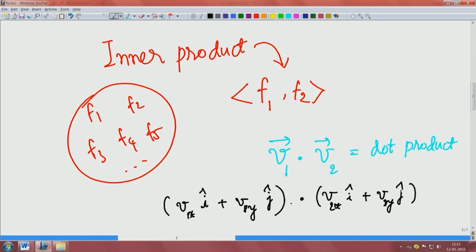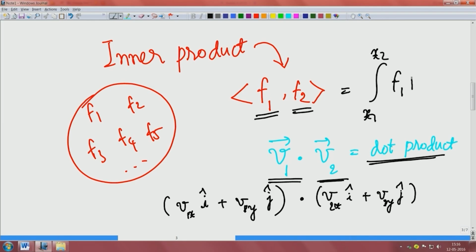So, we will basically get V1x V2x plus V1y V2y, that is the dot product, that is the inner product. It is just that here it is defined not for simple vectors such as our mechanics vectors, but for vectors which are functions. For functions also you can define an inner product. There will again be 4 properties for that. It can be as simple as the integral from x1 to x2 of f1 times f2 dx, that is an inner product.